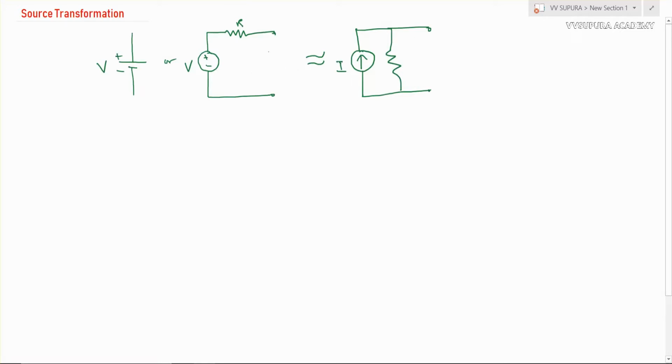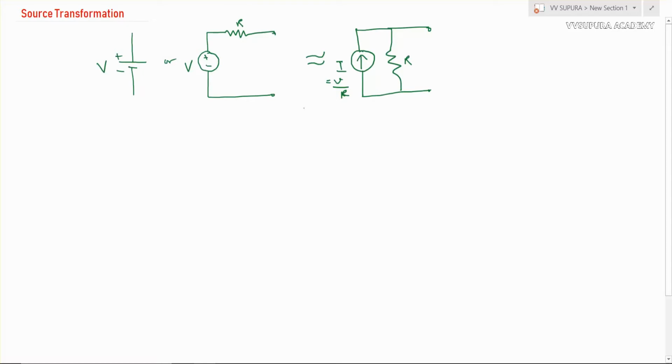Now we have to convert this voltage source to a current source. The value of current I is equal to V upon R, as by Ohm's law, and the same resistor will be connected in parallel. Why? Because the internal resistance of the source is also in parallel with the current source.